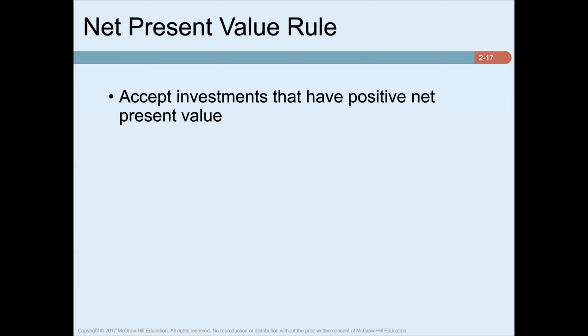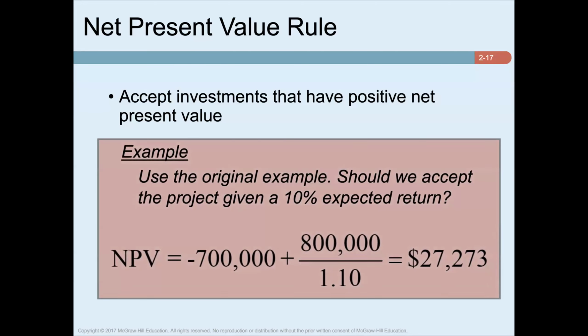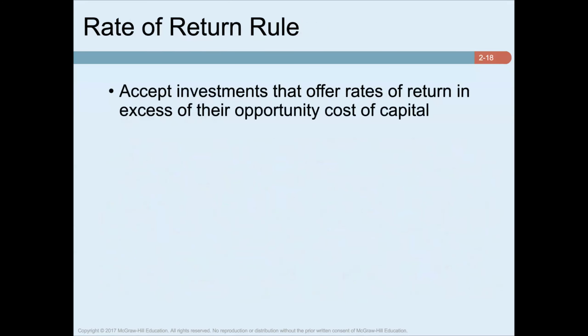But in some cases, it depends on how much fund we have, we might be able to prioritize. Yeah. So if it's 10%, then we make $27,000. So usually we will accept the investment that offers a rate of return higher than the cost. So we will have a positive net present value. Then we will invest.